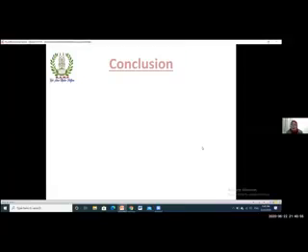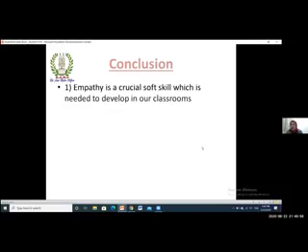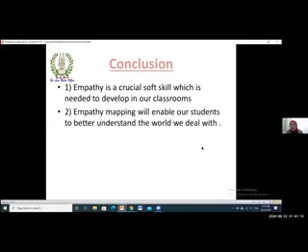Okay, that is the whole of our session, and by the end, this is the conclusion. Number one, empathy is a crucial soft skill which needs to be developed in our classrooms. Number two, empathy mapping will enable our students to better understand the world we deal with.